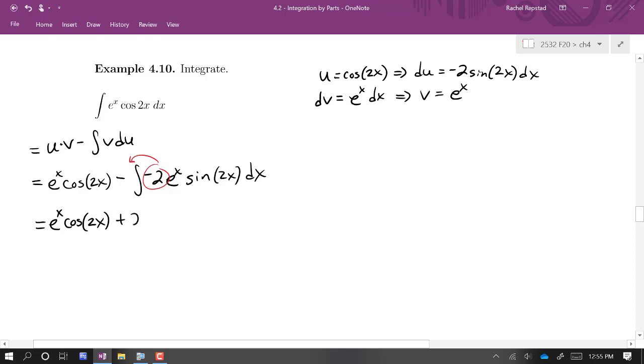So we have plus 2 integral e to the x sine 2x dx. Now, this integral that we're left with, I mean, we do integration by parts in the hopes that the integral that we end up with is one that we'll know how to do. This is kind of similar, not too far from the one we started off with. It's just that we have a sine instead of a cosine function. So, we're going to use integration by parts again here.